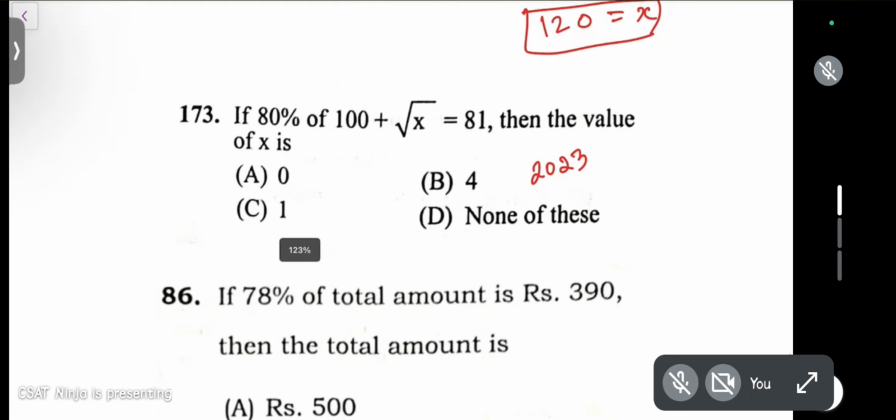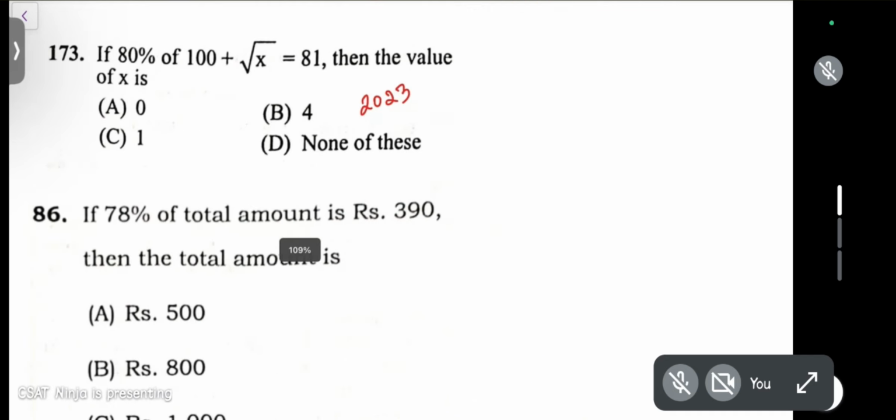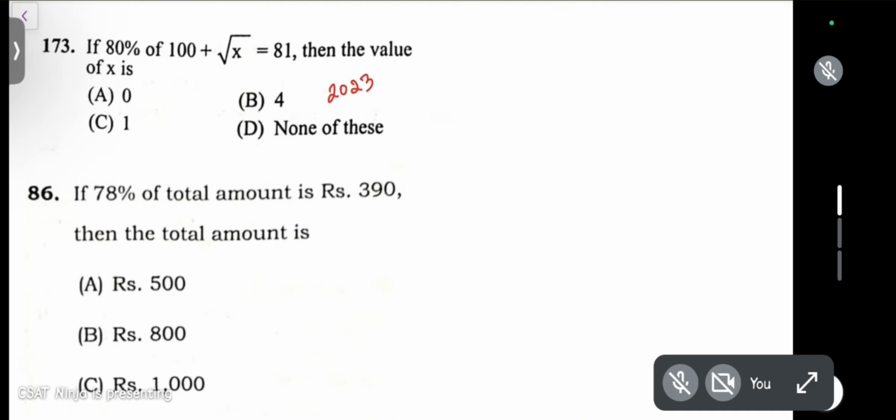This one. Okay. 80% of 100 plus root over x is 81, then the value of x is... So we are asked to find the value of x, and something is given here.